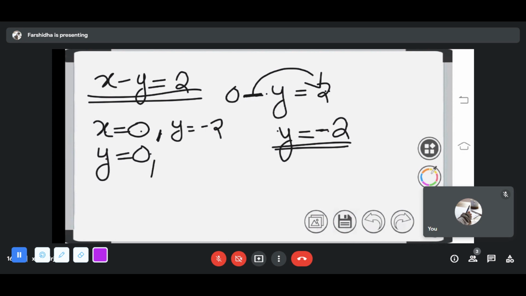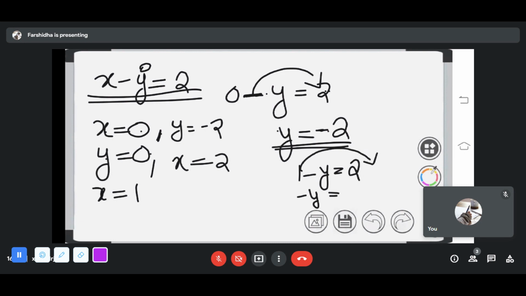Now, if y is equal to 0, put y is equal to 0, x is equal to 2. Now, take another value, you can take anything. Say x is equal to 1. Minus y is equal to 2 minus 1.